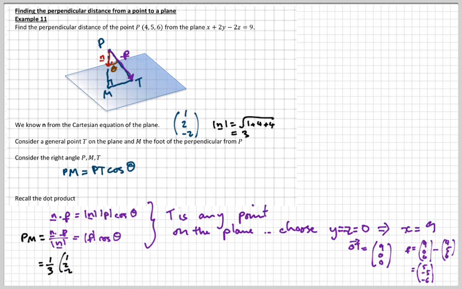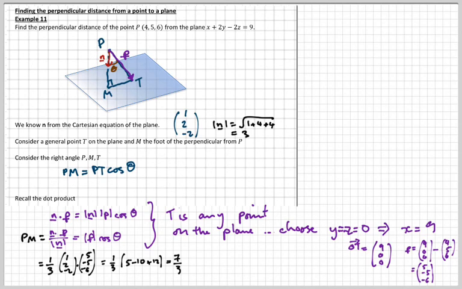So it's a third of N dotted with p. Nice. If we do that, we'll get a third of 5 minus 10 plus 12, which is 7 thirds. So this 7 thirds represents the length PM, which is the perpendicular distance, or the shortest distance, from the point P to the plane in the question.